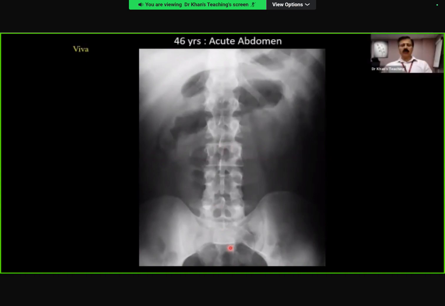Okay, good. Now, you have inferred that there is colitis, and you have said correctly that the mucosa is inflamed. This is your inference. But on which grounds? I want to hear those descriptive terms.